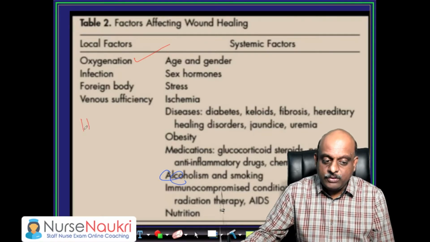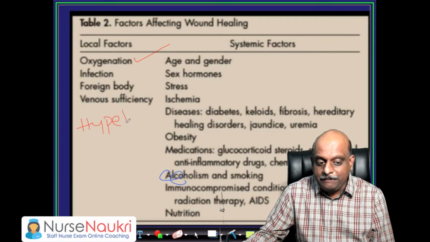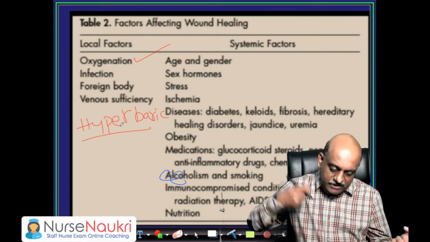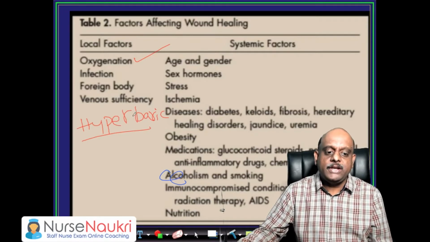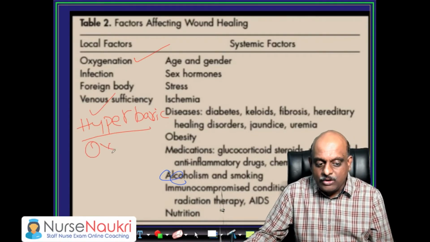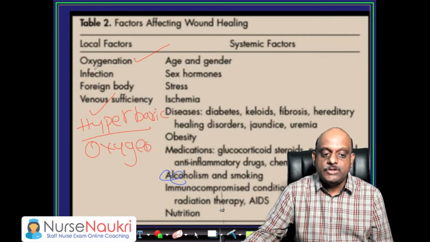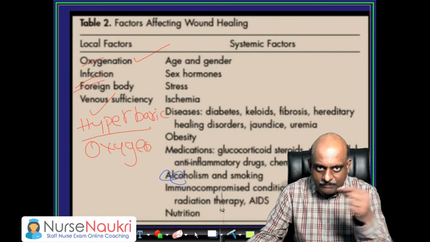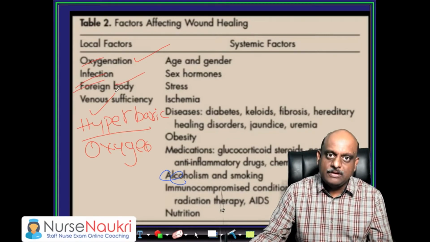Therefore we use what is called hyperbaric oxygen therapy. Hyperbaric means you apply oxygen with high pressure in order to improve the healing of a diabetic wound. Infection will prevent healing. Any foreign body inside the wound will prevent healing.